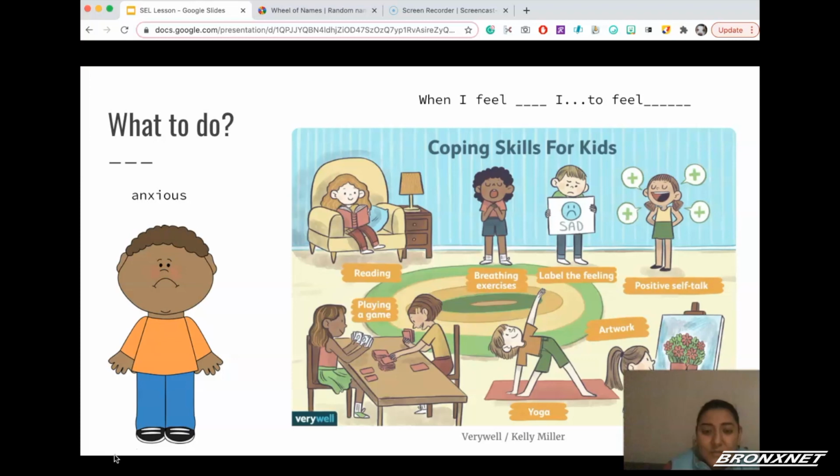We can do some breathing exercises. We can draw a picture. We can meditate. We can play a game with someone. We can also use positive self-talk.